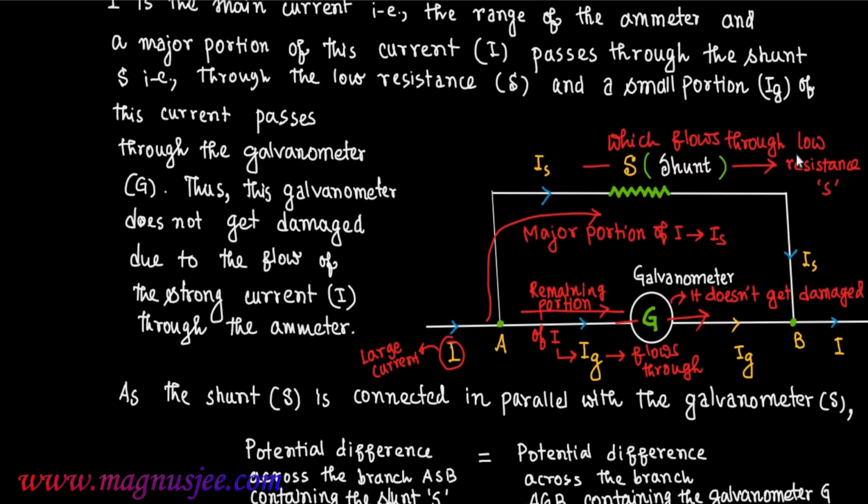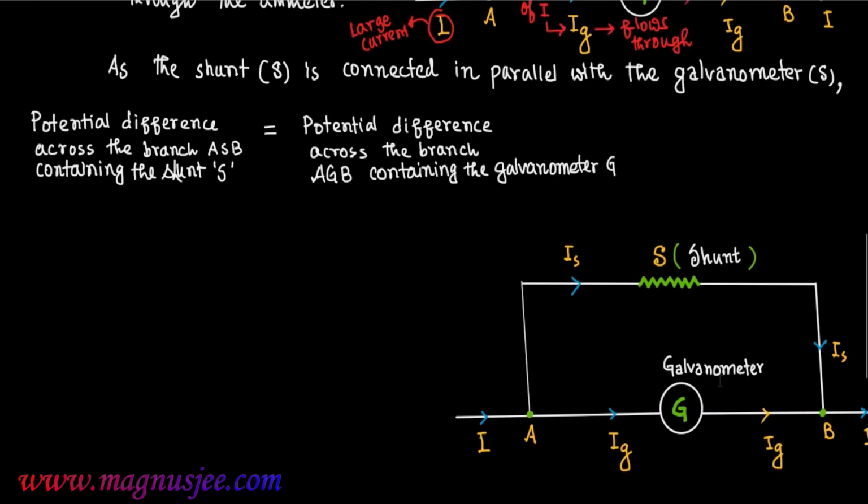In this way, the galvanometer is being protected from the strong current I.